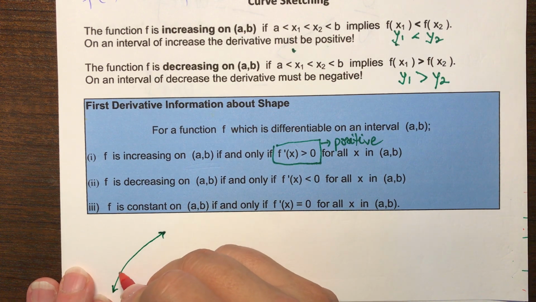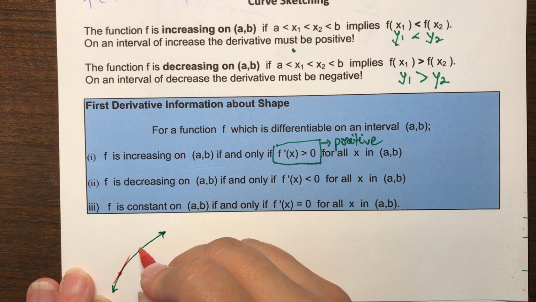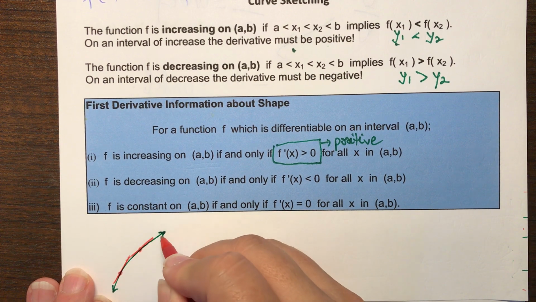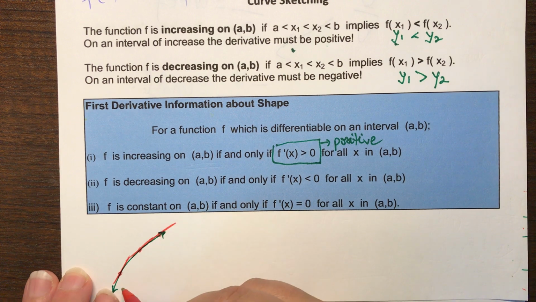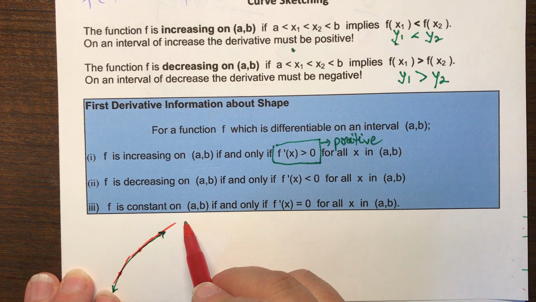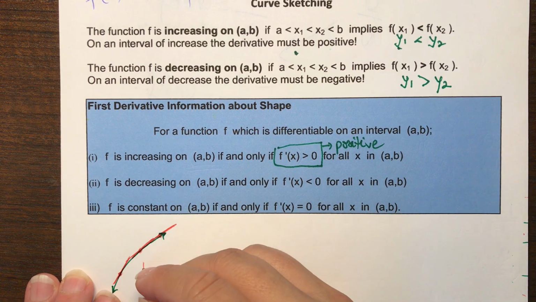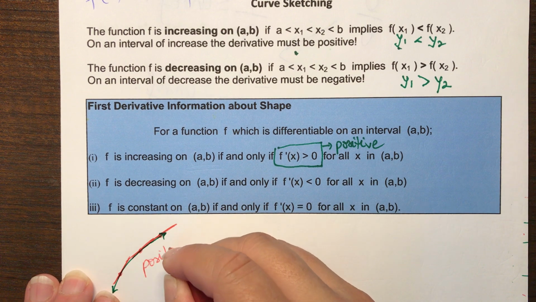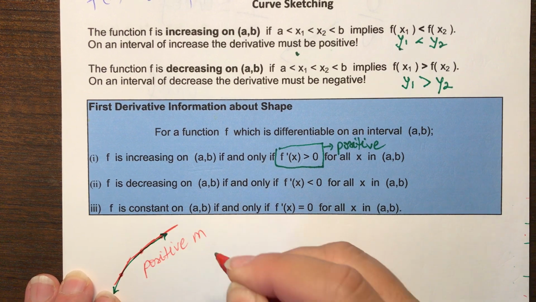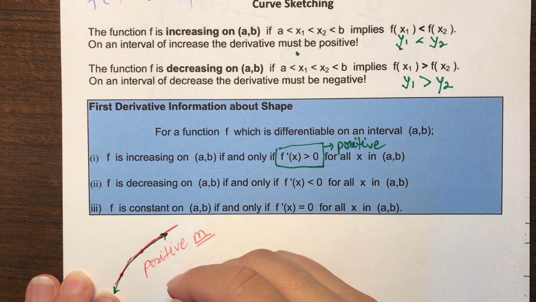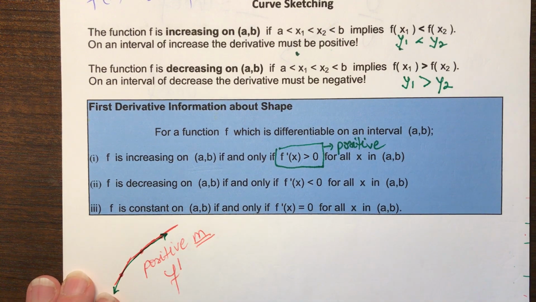What happens with the derivative? Again, remember the derivative is measured by the slope of the tangent line. So what can you tell me about the slopes of all these lines? All the tangent lines go up, right? So they all have positive slopes. So the slope is the derivative of the function, right?